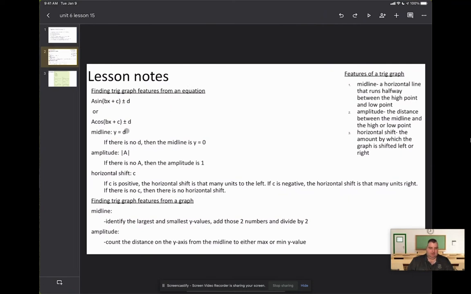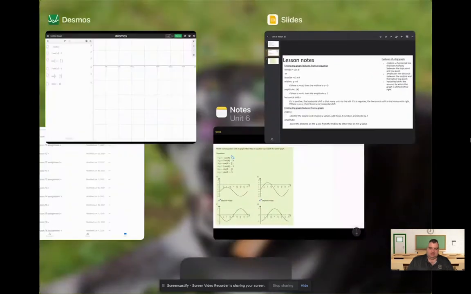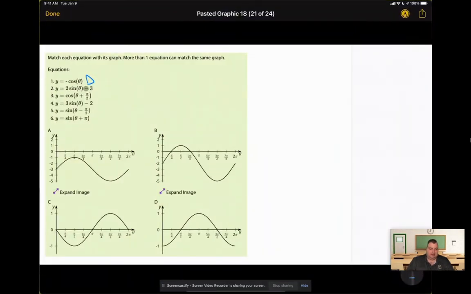Okay, remember the midline is a horizontal line that runs halfway between the high point and the low point. That midline is that plus or minus after the parentheses. In this case, that is going to be -3, which means that halfway point between the high and the low point should be at -3.